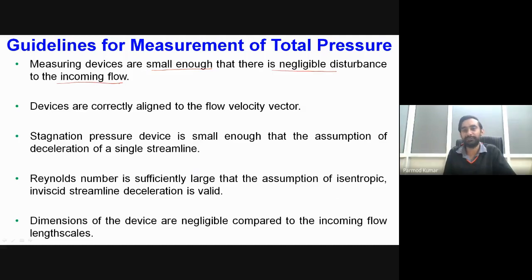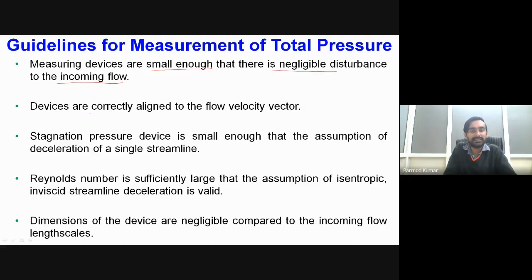When we put an intrusion into the flow field, an external device, there will be some localized disturbances. So our device should be small enough that the disturbances produced are negligible and do not introduce significant changes in the flow dynamics.